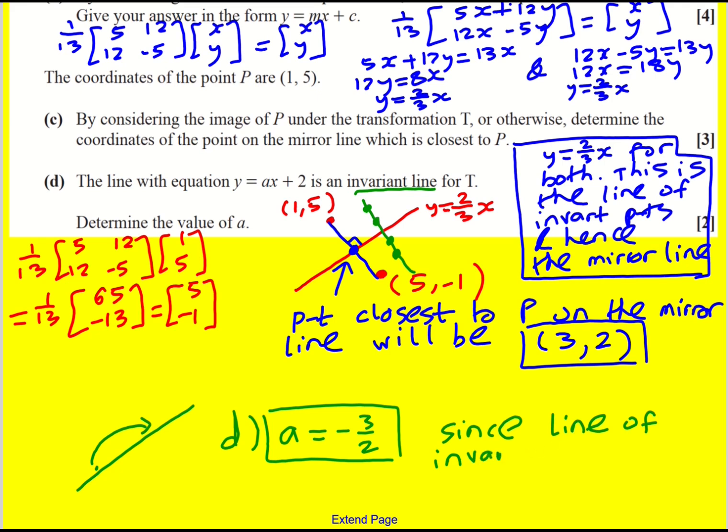So since, I was about to say line of invariant points again. So since an invariant line will be perpendicular to the mirror line.